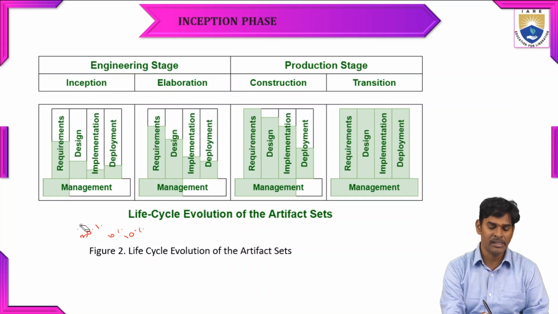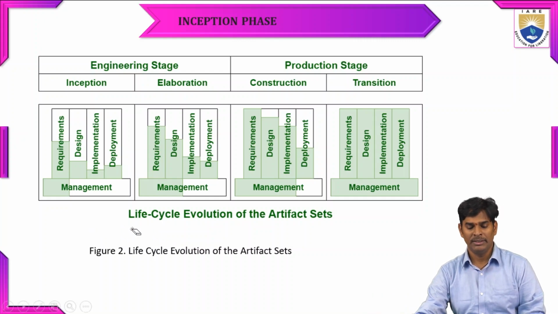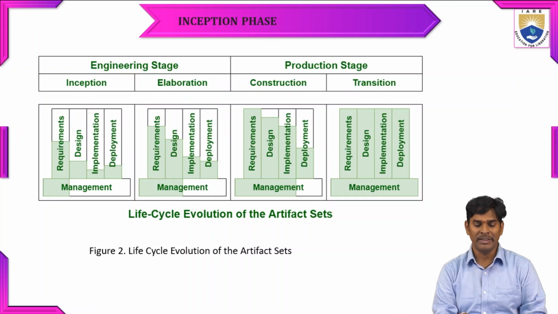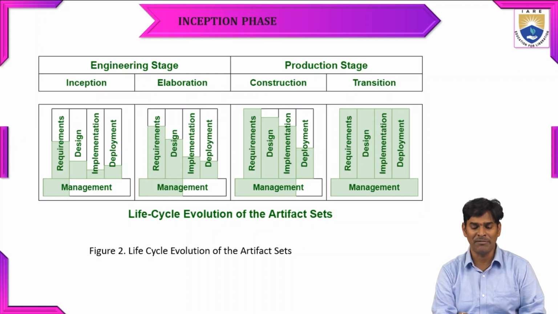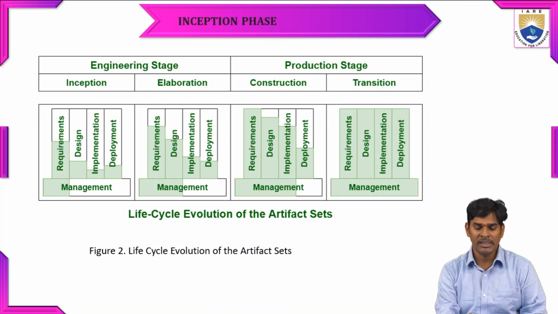So in the initial stage, they need to have the various requirements and the architecture part for the software project. Whereas in the elaboration, the requirements consist of 70%, the design part 50%, implementation 30%, and deployment 20%. This will vary depending upon the criteria of the requirements and operations the management is going to use.